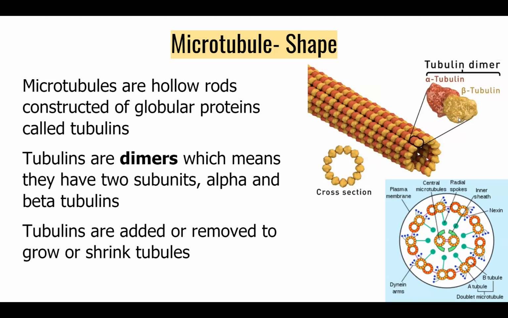And if we were to break them down, we can just take those tubulins off the ends. So this is our cross section. If we were to look at it down the barrel, it's just like a little ring. So we're just making a big long hollow tube of these proteins.